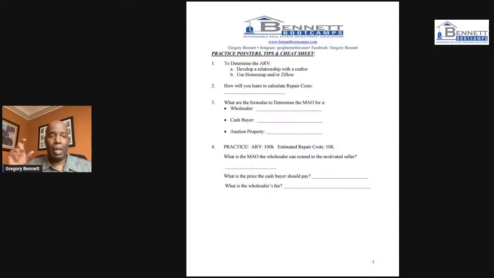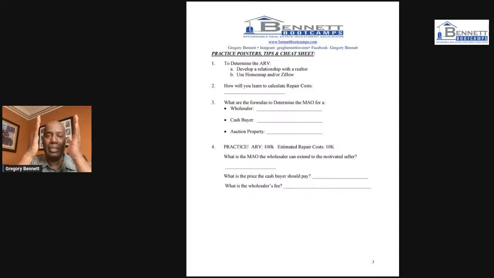I'll use the highest end of the Zestimate sometimes if I'm having a hard time finding comps, or I just need comps really fast and I don't feel like logging on to the MLS. I'll just go to Zillow and I'll use the highest end of the Zestimate, really the highest comp.